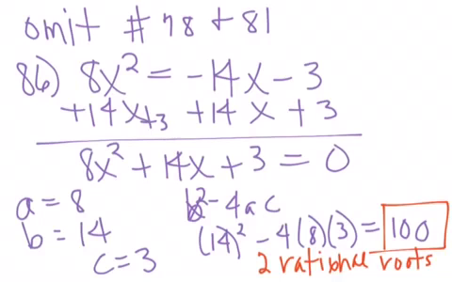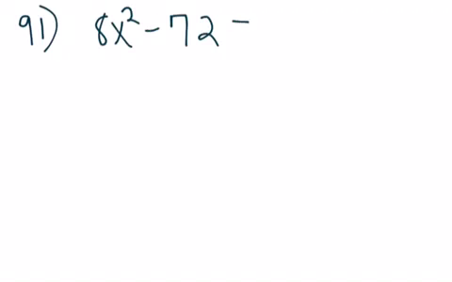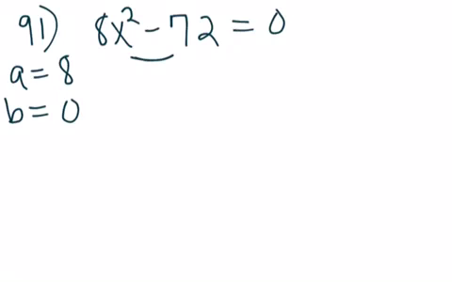If you would also look at number 91, 91 has 8x squared minus 72. And it's asking you to do the same thing. Well, A is 8 because it's the coefficient of x squared. B is 0 because there is no x. And C is negative 72.